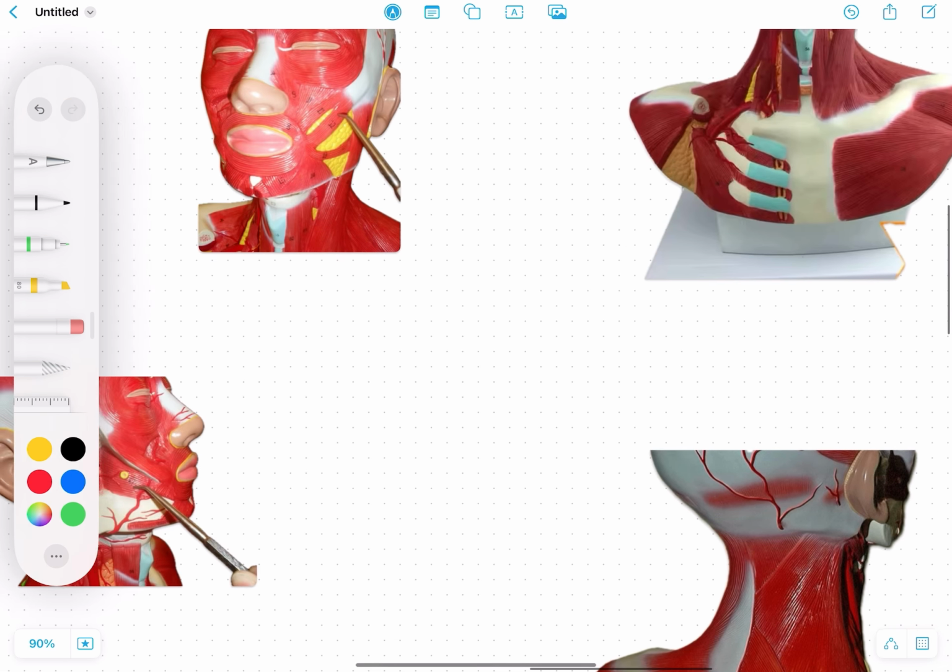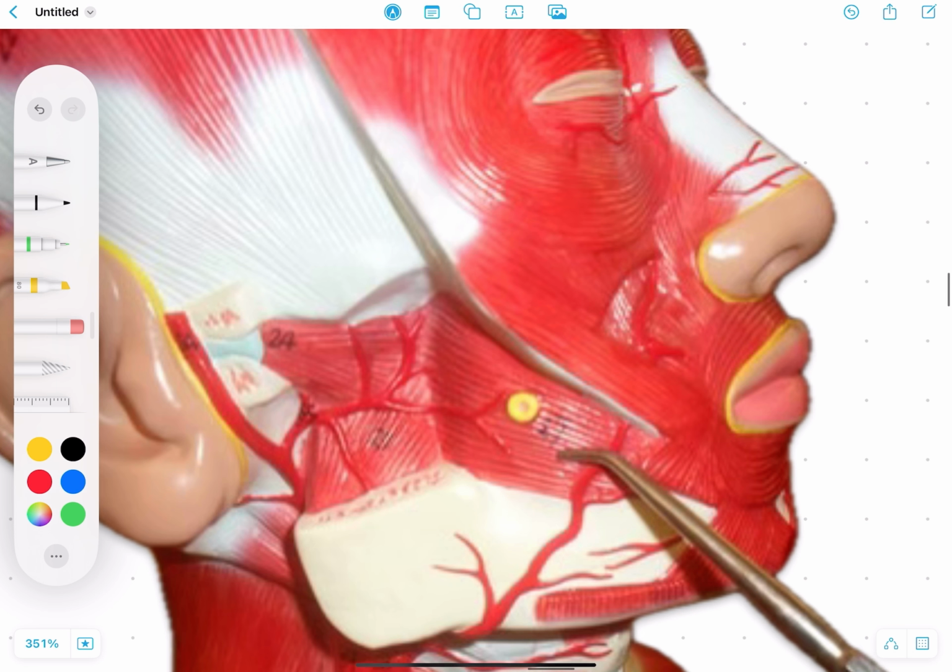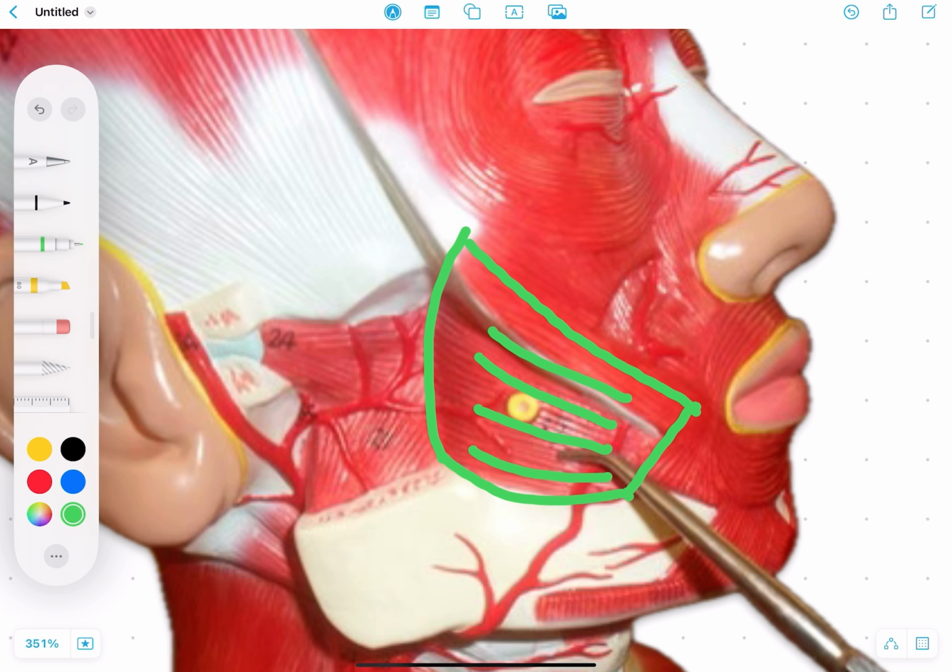If we look right here, we'll see that there is a muscle sort of under, or more deep. It's called the buccinator. Either pronunciation works. And I'll go ahead and highlight it here like so. And this muscle is actually deep to the risorius, zygomaticus major, and zygomaticus minor.